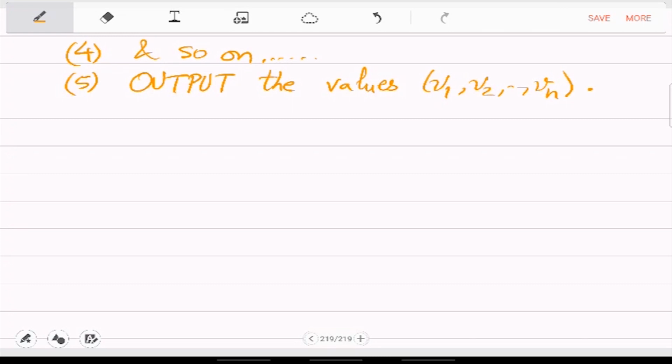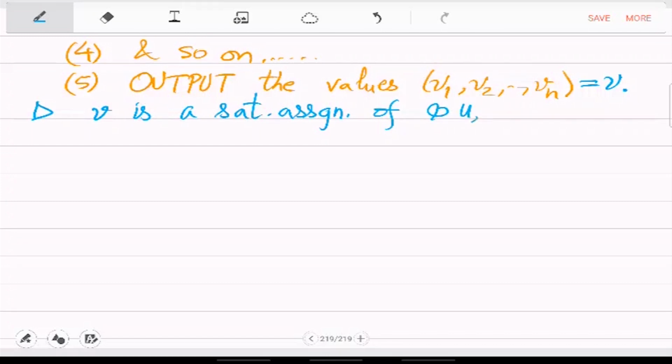Okay, so this is a satisfying assignment that you have found. So this V is a satisfying assignment of phi(u, V). So you see, using C_m you can actually compute a satisfying assignment.